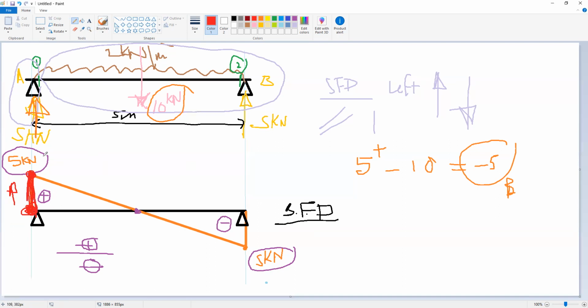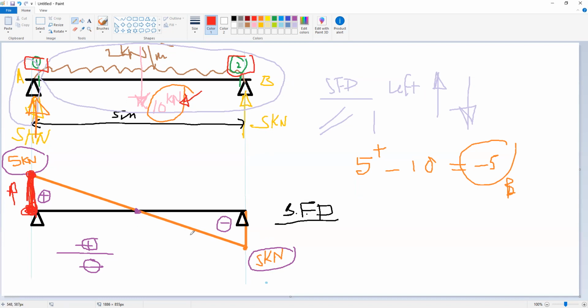Then from point 1 to point 2, what forces do we have? The 10 kilonewton, right? So we have 5 upward minus 10 downward. So we should be below the datum or above the datum? Below the datum, because we have only 5 upward and then we go down 10.